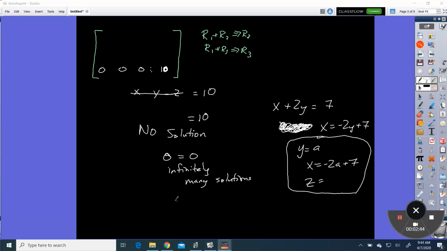When this happens, they'll also say that this is a dependent equation with infinitely many solutions, okay? So anyways, you could also have two parallel lines. That's inconsistent. That's like this one up here. They never intersect.